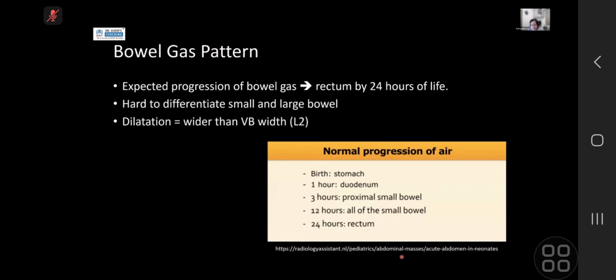It essentially shows you how the progression of air happens normally. At birth it is in the stomach, at 1 hour the duodenum, at 3 hours further on, and after 24 hours it should be in the rectum. Whenever you're interpreting an abdominal X-ray of a neonate, particularly if it's the first ever X-ray, if you don't see a normal bowel gas pattern, it's important to ask the clinicians when it was taken.